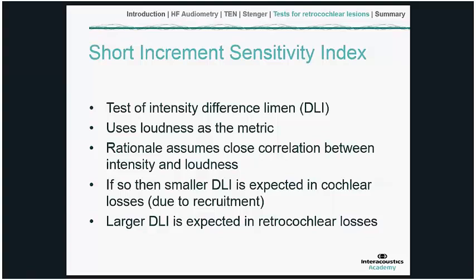In this case, we take advantage, if you like, of the increased sensitivity to loudness changes that you get in cochlear losses, and that's due to cochlear recruitment, outer hair cell dysfunction. Whereas in someone with a retrocochlear loss, we don't expect that degree of cochlear recruitment, and so they'd be less sensitive to changes in the loudness of a sound.